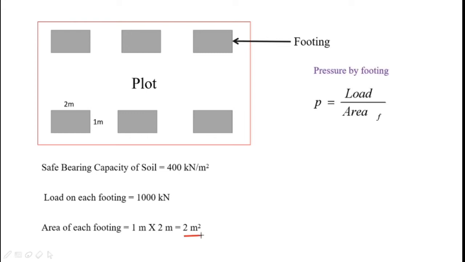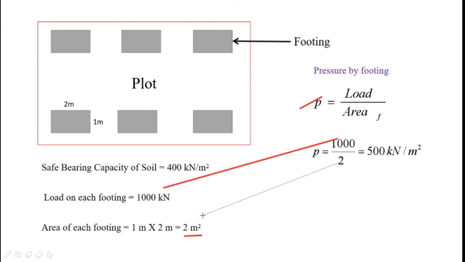Now, the pressure exerted by the footing onto the soil is given by a simple formula: pressure equals load per unit area. Putting in the values, load is 1000 and area is 2 meter square, so the pressure exerted on the soil will be 500 kilonewton per meter square.